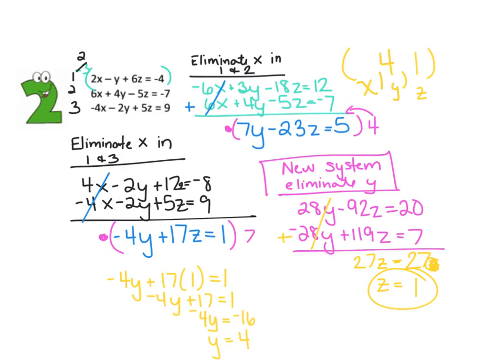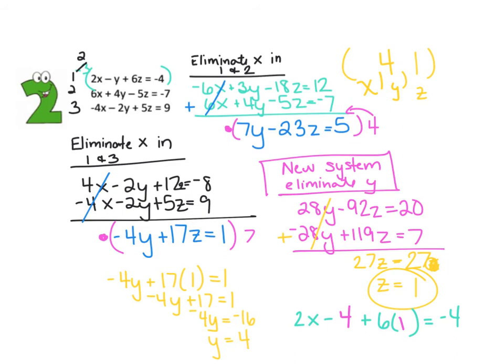So you're going to go back to one of your original equations. I'm just going to do the top equation, equation 1 as I numbered it, 2x minus y, which is now 4, plus 6 times 1 equals -4. And let's do the algebra.